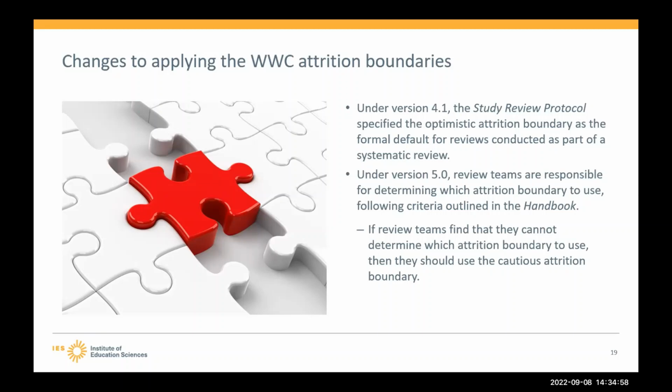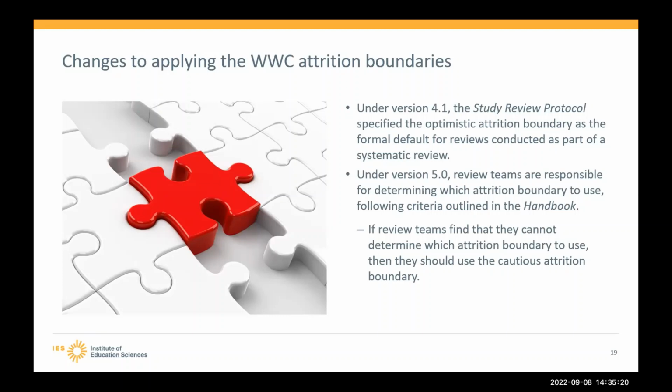And so generally, if review teams choose the optimistic boundary, it indicates that the intervention is unlikely to affect sample composition, such as through staying or leaving. So for instance, curriculum or professional development programs might be examples of the kinds of interventions where the optimistic attrition boundary may be most appropriate.